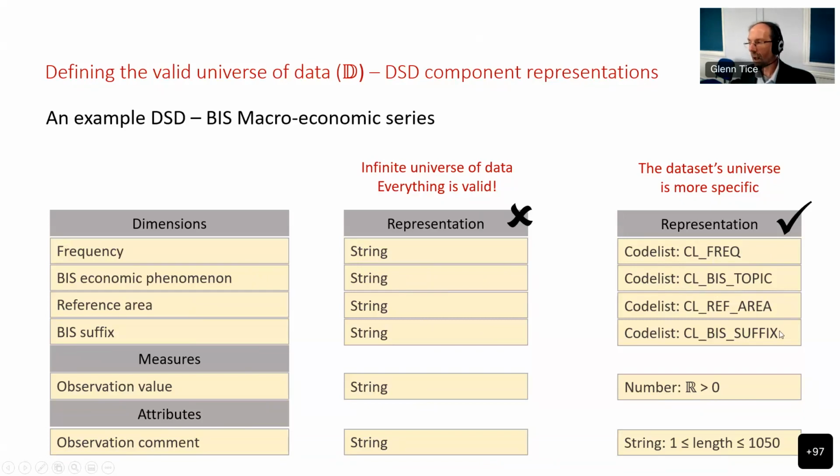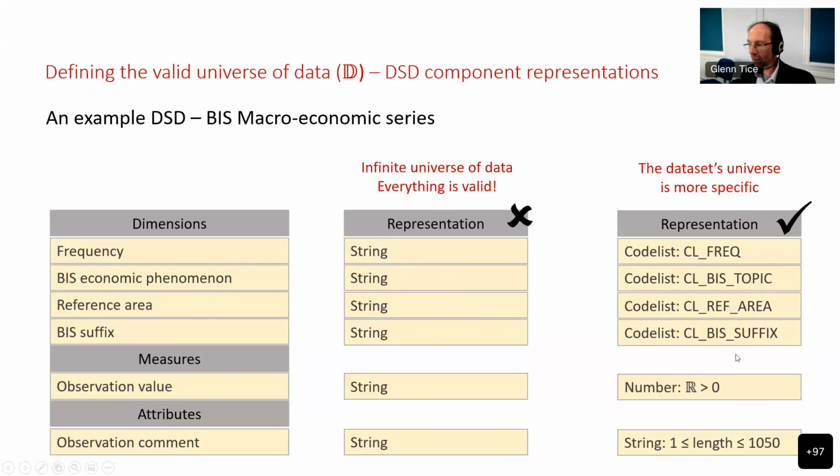So immediately we're defining a much more specific representation for each one of our dimensions, which is refining the universe of data to something that we know to be valid. So no longer can the data set contain any random string for frequency. The values that are valid for frequency are the ones defined within the CL-FREQ code list.